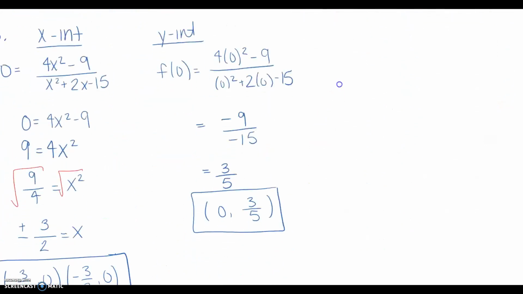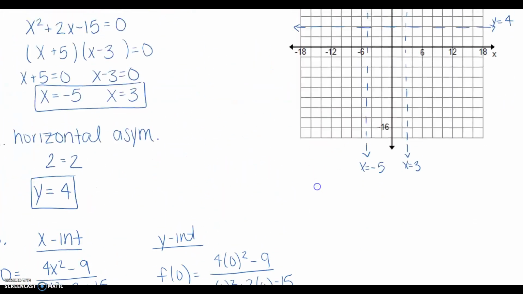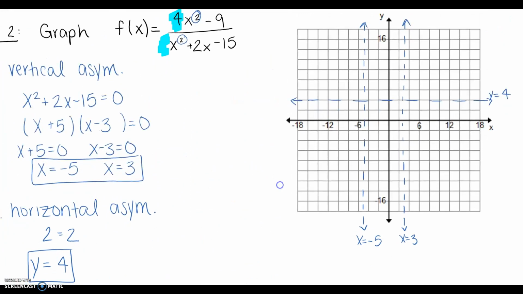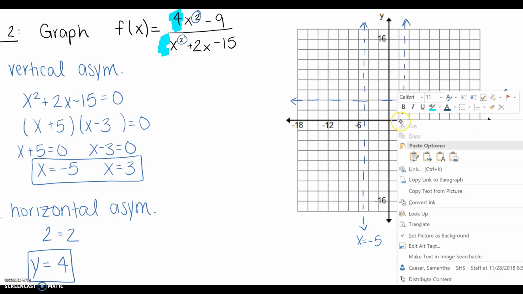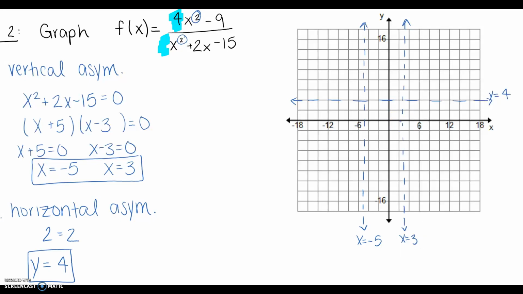Refreshing our memory, we've got (3/2, 0) and (negative 3/2, 0), so that's like 1.5. So if this is 2, this is 1, 1.5, right here. Negative 1.5, somewhere around here.